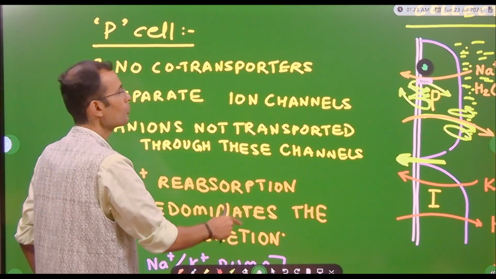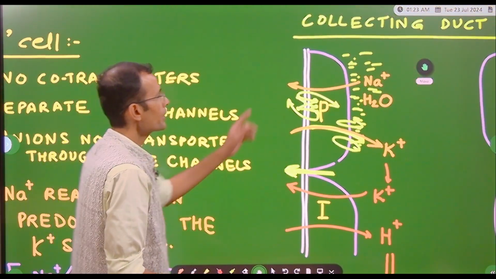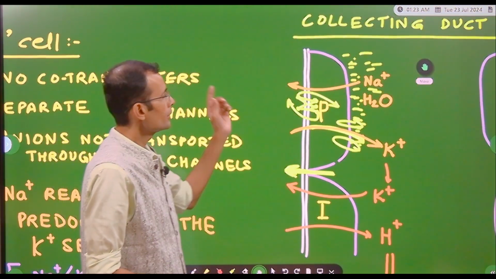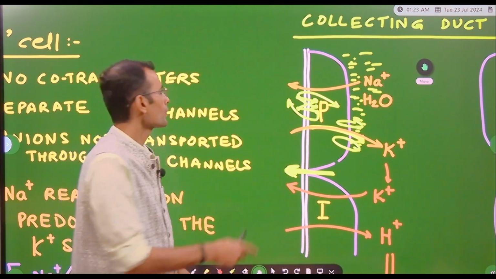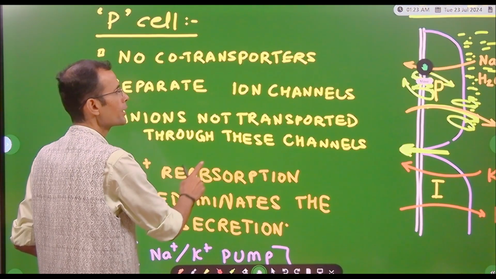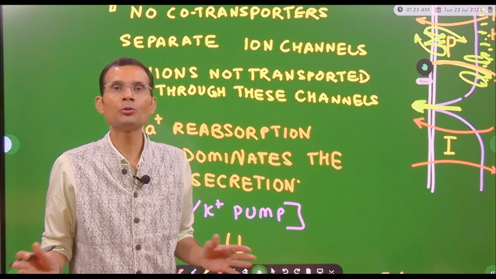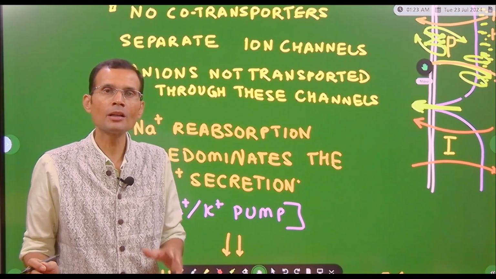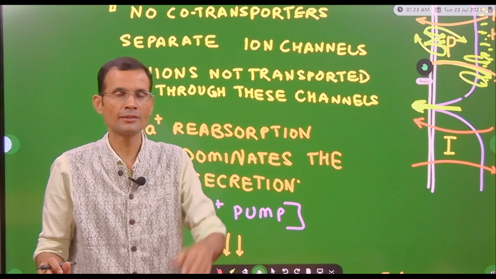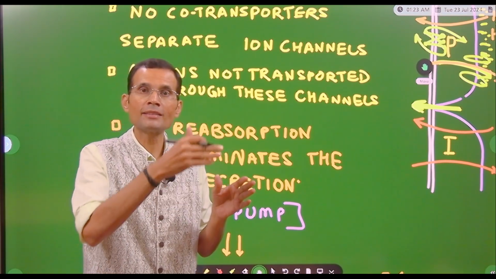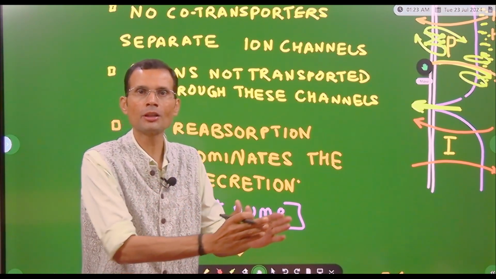There are no co-transporters here, but there are separate ion channels. There are separate ion channels for sodium reabsorption and for secretion of potassium. So separate ion channels is one important difference. Second, anions are excluded from the transport. Remember, loop diuretics and thiazide diuretics were binding to NKCC and NCC. In NKCC, chloride, an anion, was transported along with sodium.